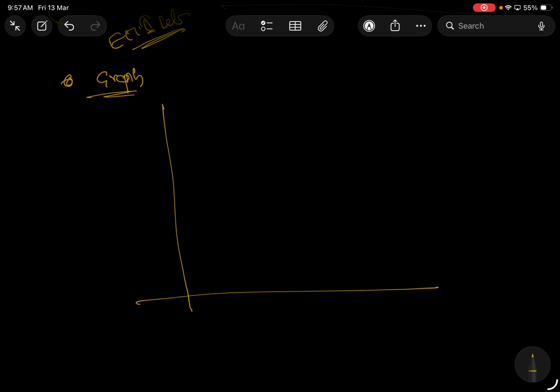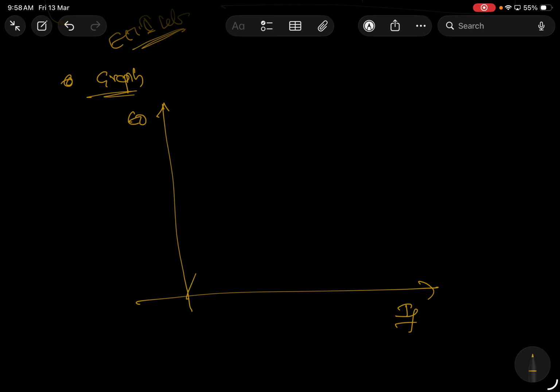Here, the graph. First, what I will do is draw the open circuit characteristics. I will draw simultaneously here. Is it visible or not? Yes. Okay, I will draw the open circuit characteristics quickly.